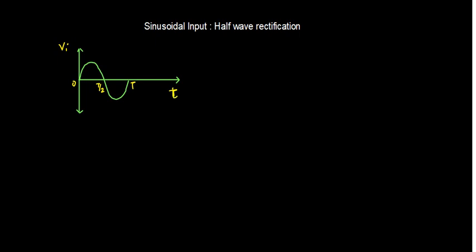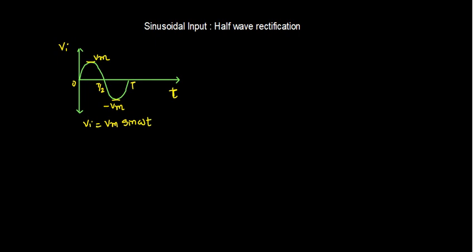This highest peak is Vm, the lowest one is minus Vm, and this is considered for one cycle only. V input, the sinusoidal input, we can write as Vi equal to Vm sine omega t. Okay, so this is our input signal.